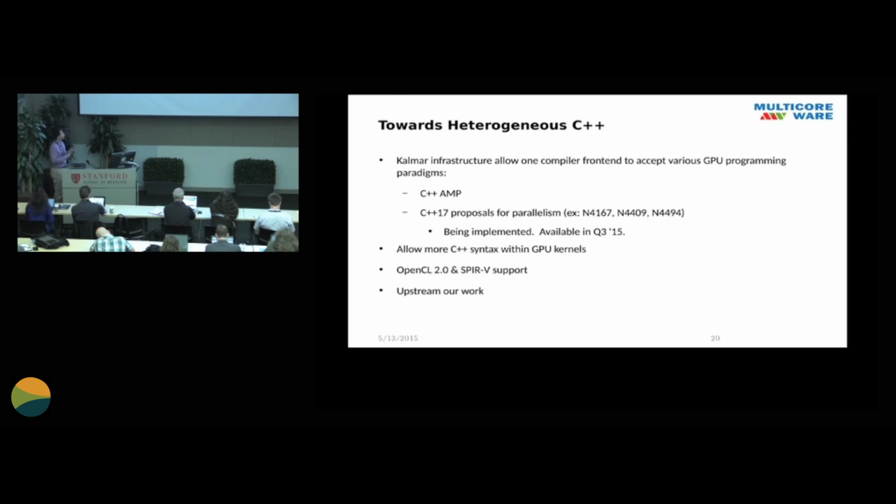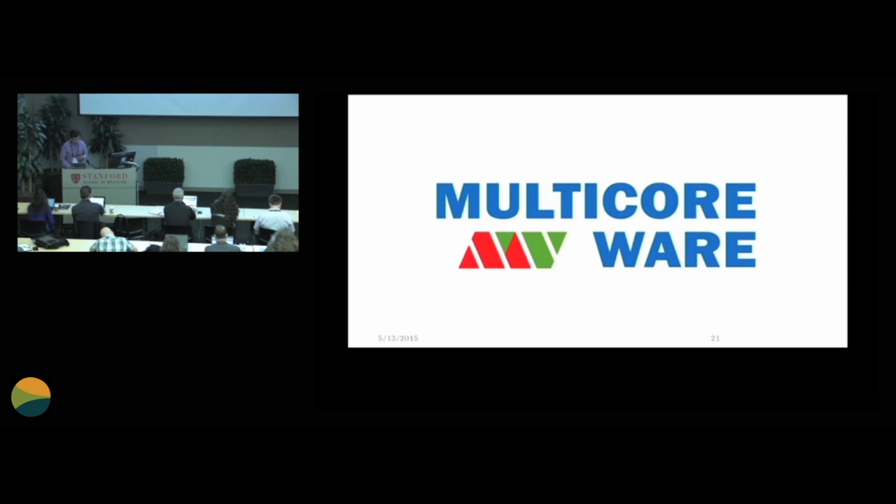We would also like to allow more C++ syntax in GPU kernels, support SPIR-V, and upstream our work back to the Clang and LLVM community. So that's all for my presentation. I'd like to take questions from you.